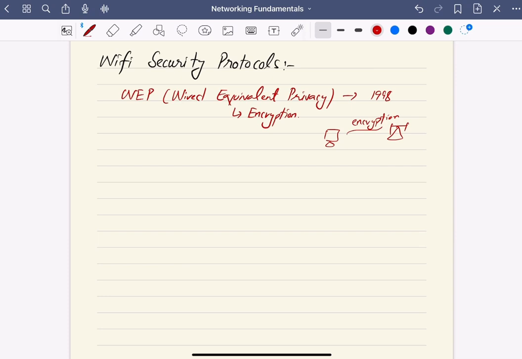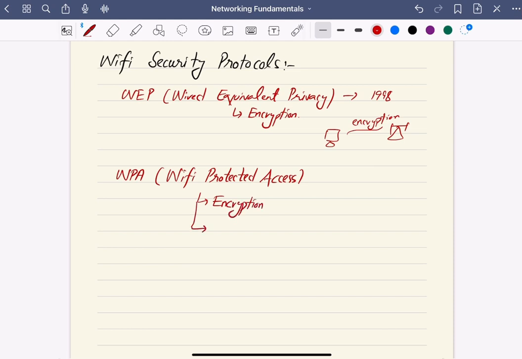to your access point. Then later on, another protocol came in, which is called WPA, Wi-Fi Protected Access. So what was Wi-Fi Protected Access? It offers encryption, and not only encryption, beside encryption, they also provide you the access control of the device.